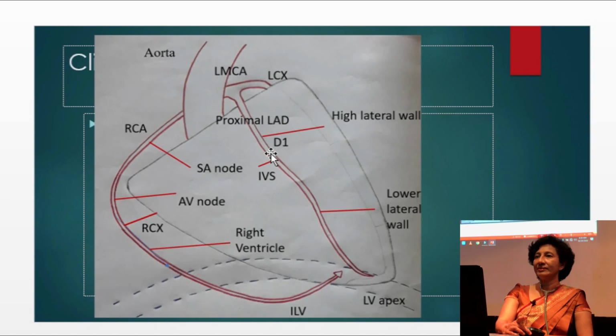Both the right and left bundle branches are located in the anterior two-thirds of the interventricular septum. The first branch of the proximal LAD supplies the high lateral wall of the left ventricle.